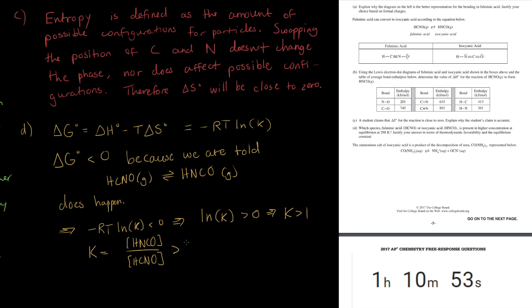So this being greater than 1 implies that the concentration of HNCO is higher. Let's write it like that.